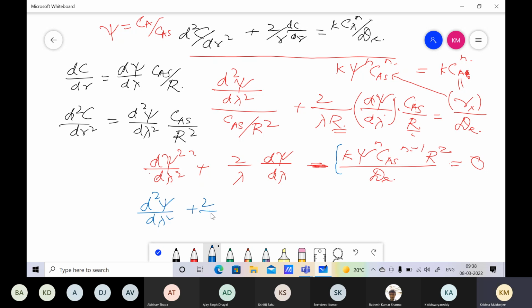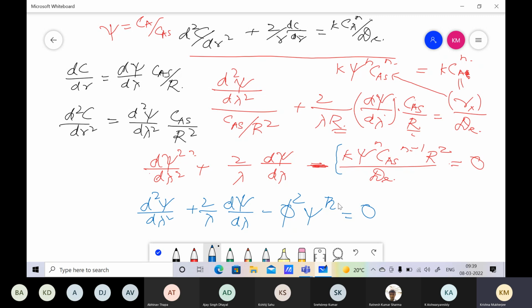Plus 2 by lambda minus, and let me take this as phi square lambda square. Lambda is sort of n actually, right? Is equal to 0. Okay? Are you getting this? Yes, sir.